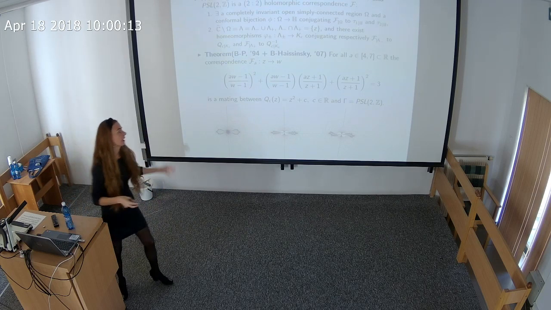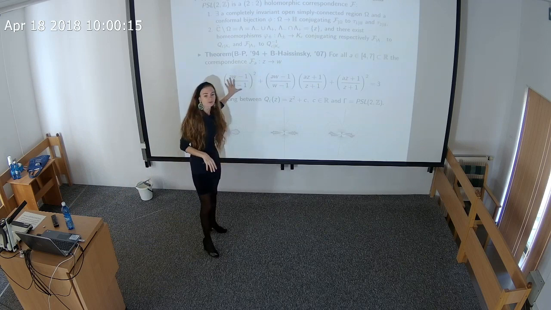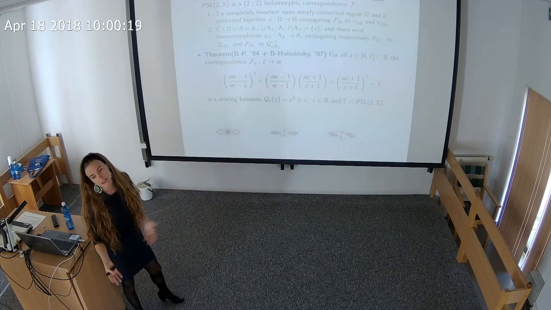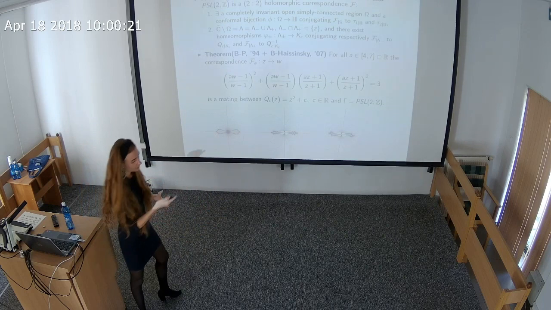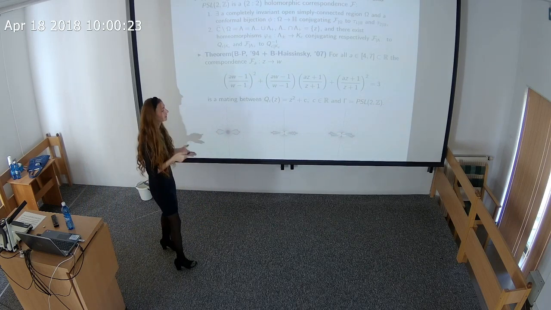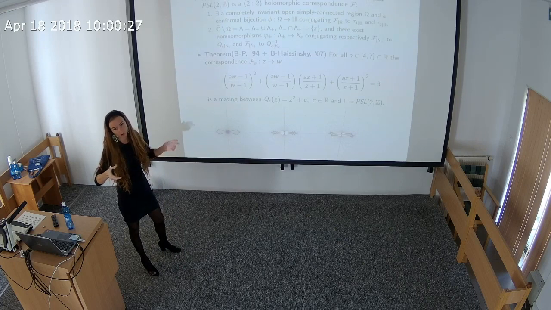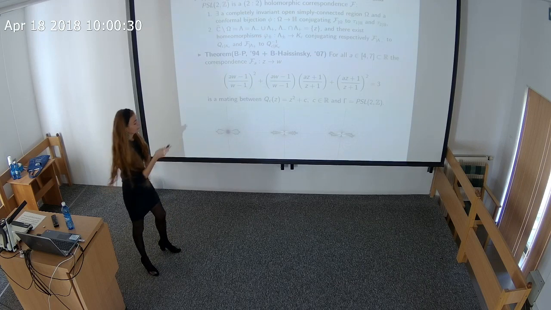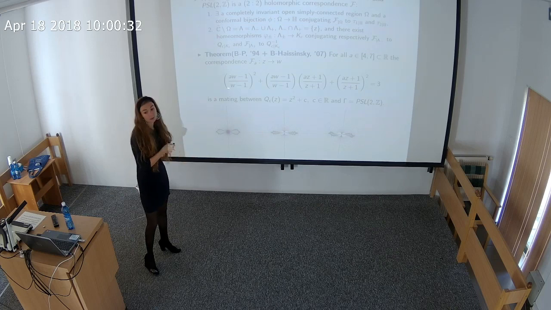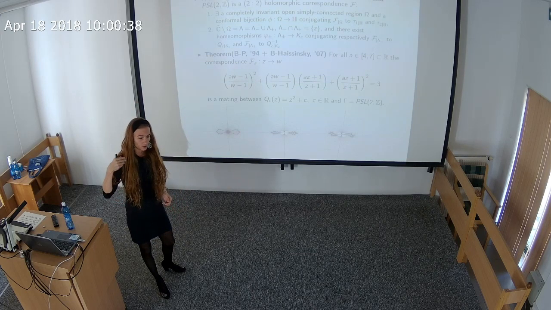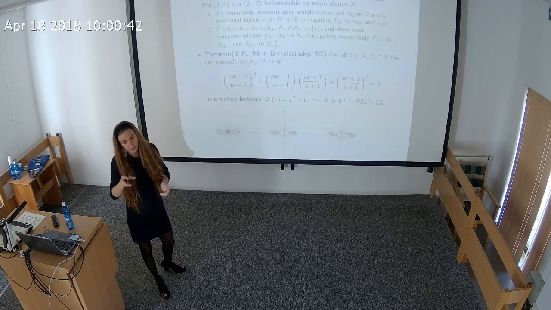Well, why get this formula? They wanted to find a candidate that could be such a mating. And for the modular group, you can take as generators one of order 3 and one of order 2. And it turns out that this correspondence you can write down as an order 3 rotation composed with an involution.